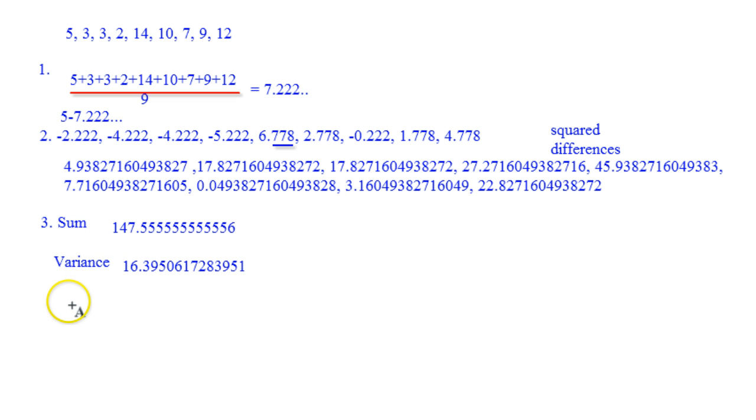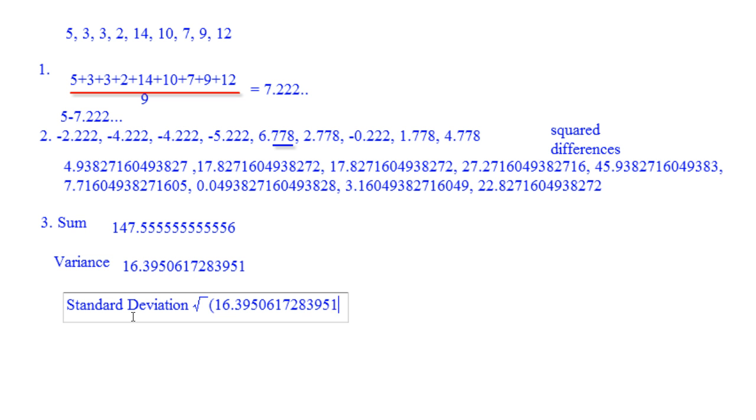Now if we did do the standard deviation, we would just square root that top number, and what we would get is something we would probably truncate a little bit. 4.049 is what I would probably use, and that's what you do.